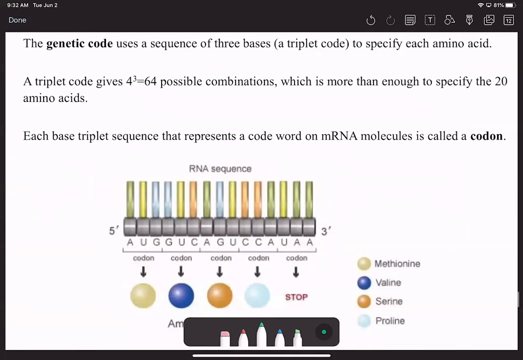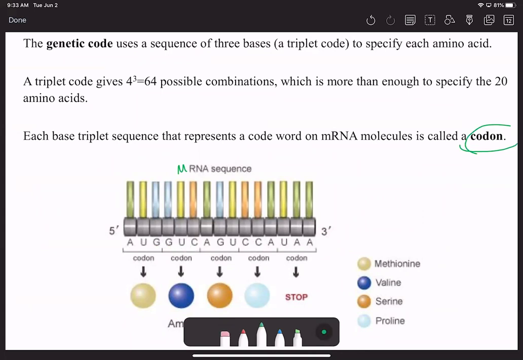Now, this messenger RNA, with all of the bases attached to it, makes what we call codons. It is a code, right? So every 3 bases, we have a codon.